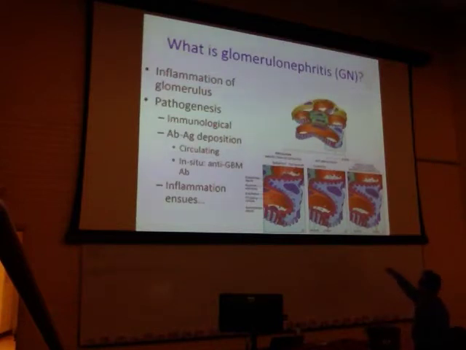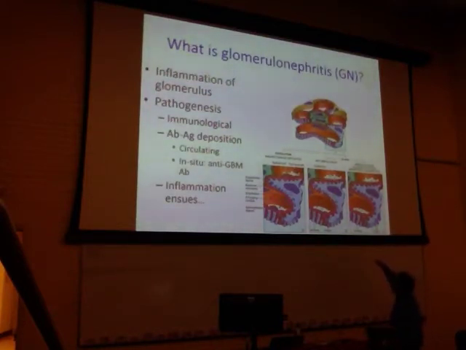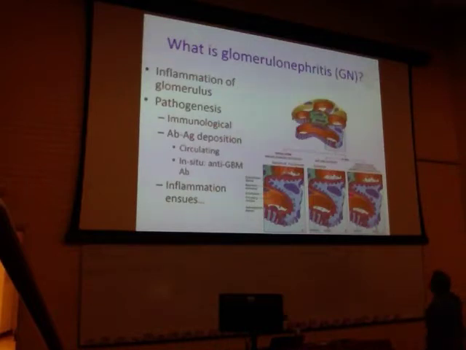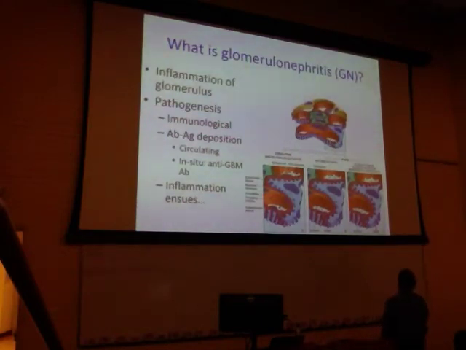That little Y is floating around because it's reacting toward an antigen that makes up the basement membrane. The second subtype of in situ is some glomerular antigen that isn't part of the basement membrane. It's some other feature of the glomerulus, and the reaction is happening deep to the basement membrane, on the other side of it.